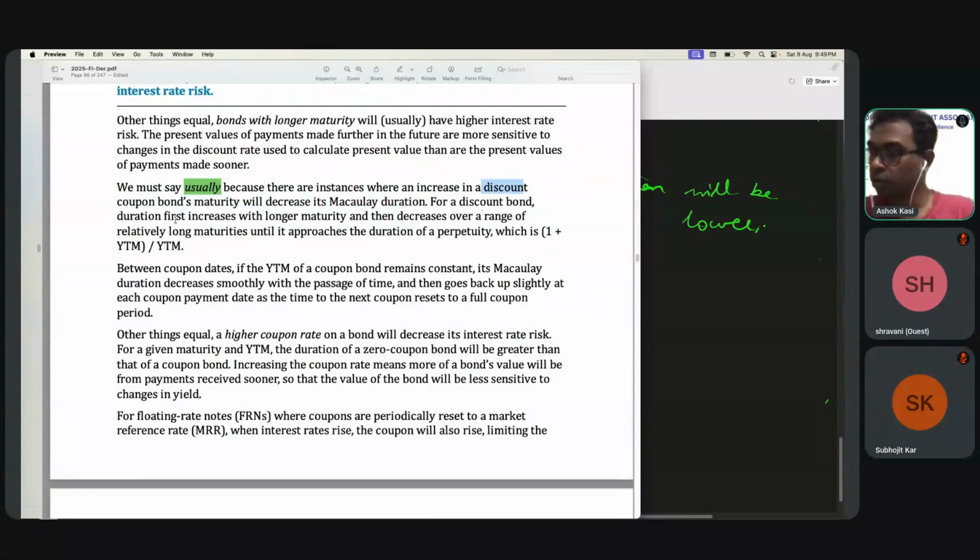For your discount bond, duration first increases with longer maturity and then decreases over a range of relatively long maturities until it approaches the duration of the perpetuity.